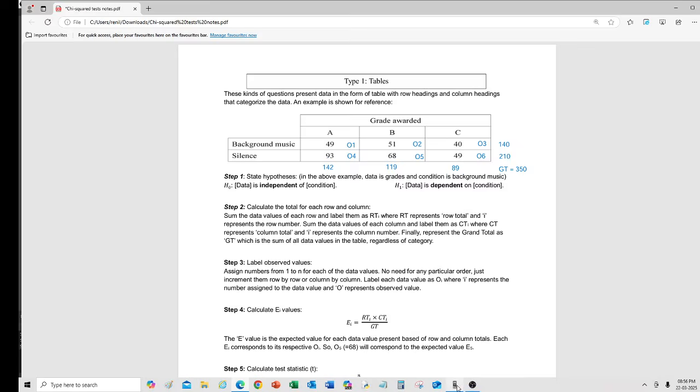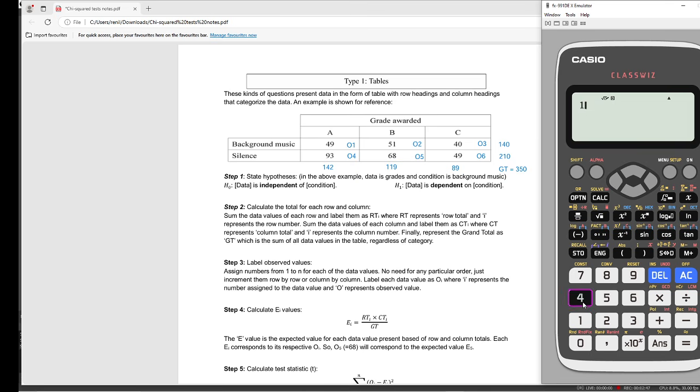Let's pull this up on the calculator actually. So 140, which is our row total, times the column total of 51, which is 119, and then we divide it by the grand total, which is 350. So that means that the expected value of this 51 is actually 47.6.